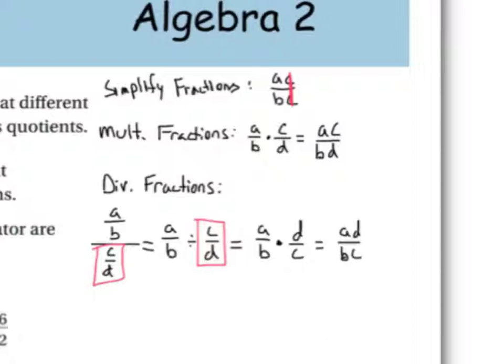They're asking us to divide by this fraction. Well, we don't do that, so instead we multiply by that fraction's reciprocal. And once you have it rewritten as a multiplication problem, then it becomes exactly like we did for multiplication. Just multiply the numerators, multiply the denominators.